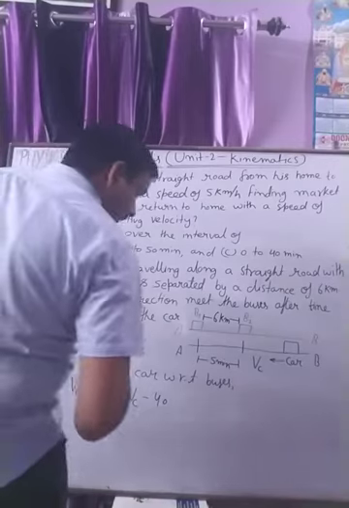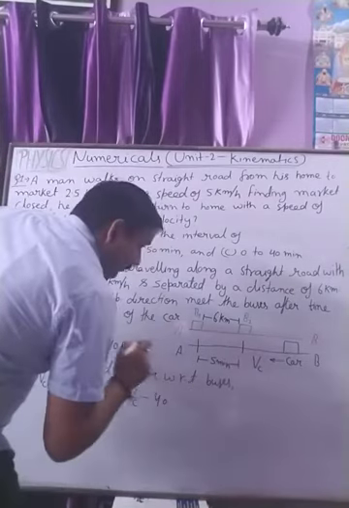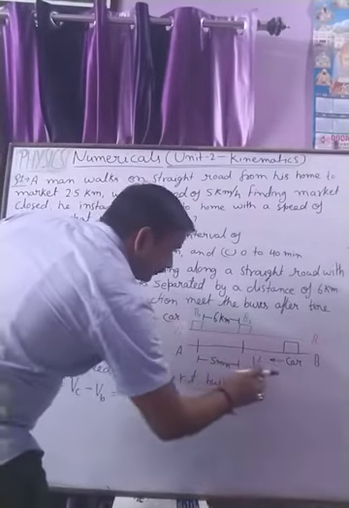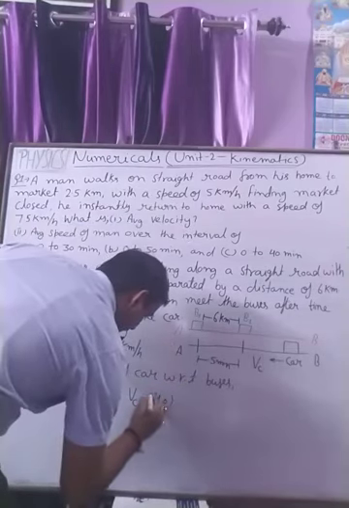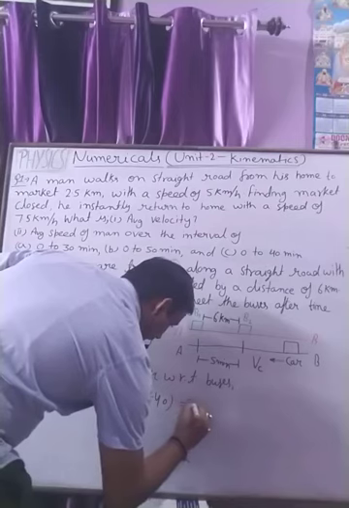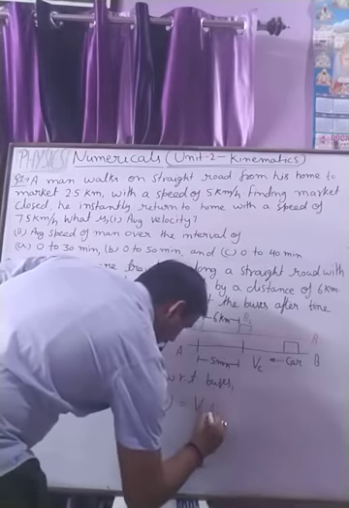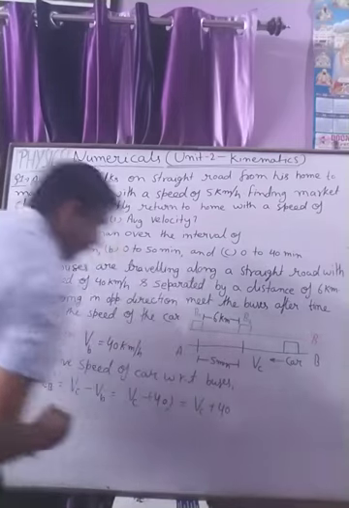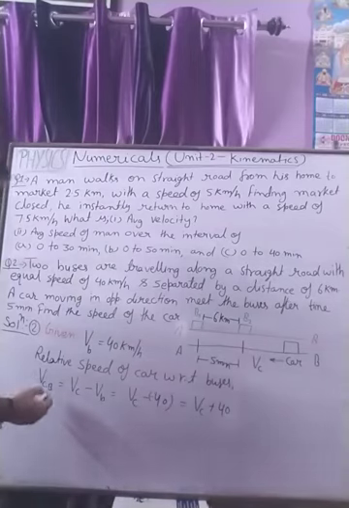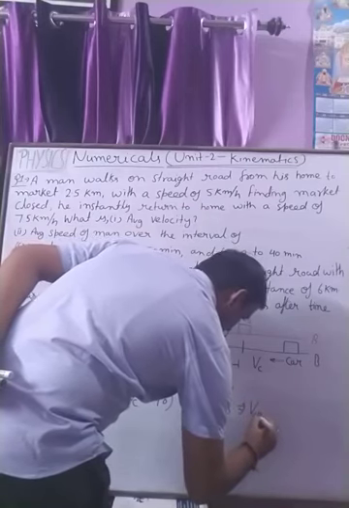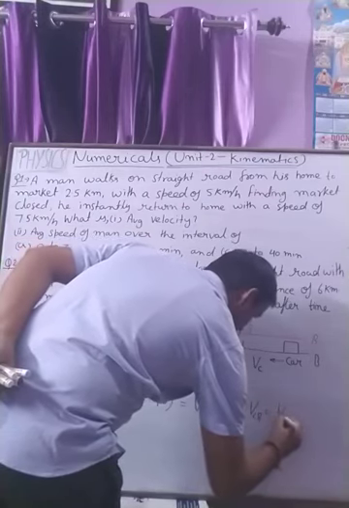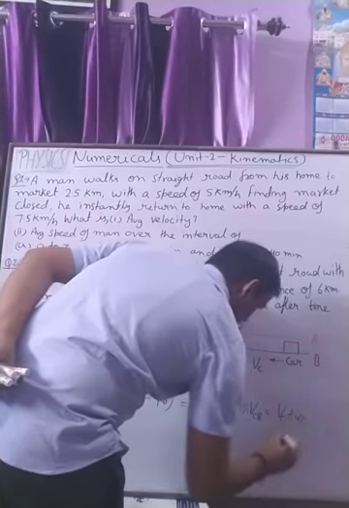As compared to the car, the bus is moving in the opposite direction, so we say minus, and we finally get VC plus 40. This is the relative speed. VCB is equal to VC plus 40.